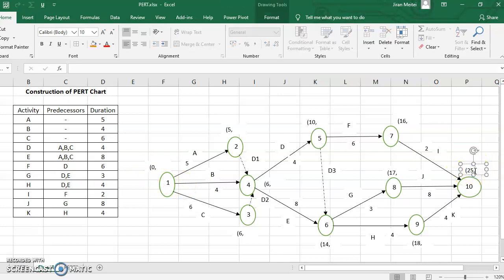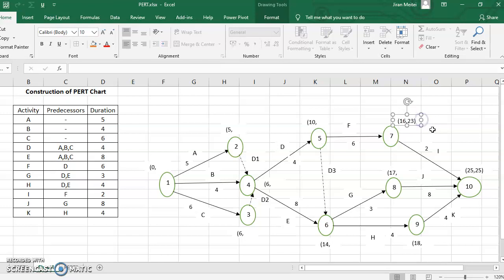Now let's fill up the second number inside the bracket. To fill up the second number inside the bracket, you will be coming backwards. So you immediately write 25 as the second number in the last circle. Now let's go back. To go back, you keep on reducing this number from this one. So 25 minus 2 is 23.